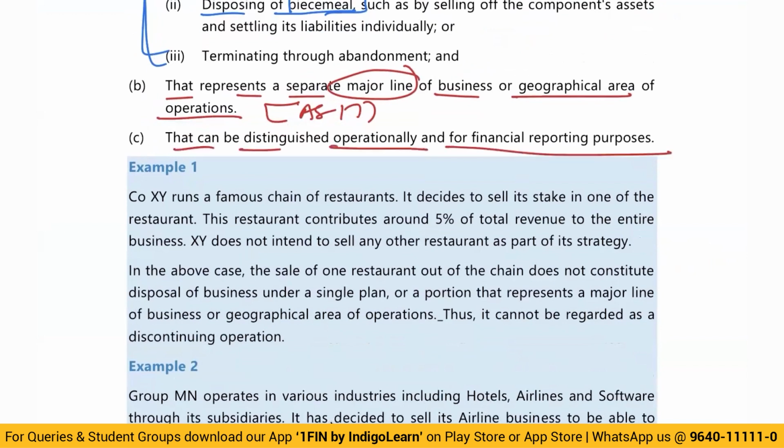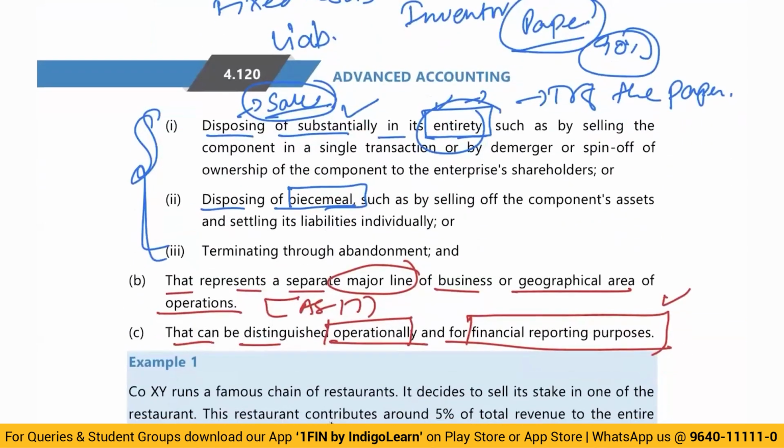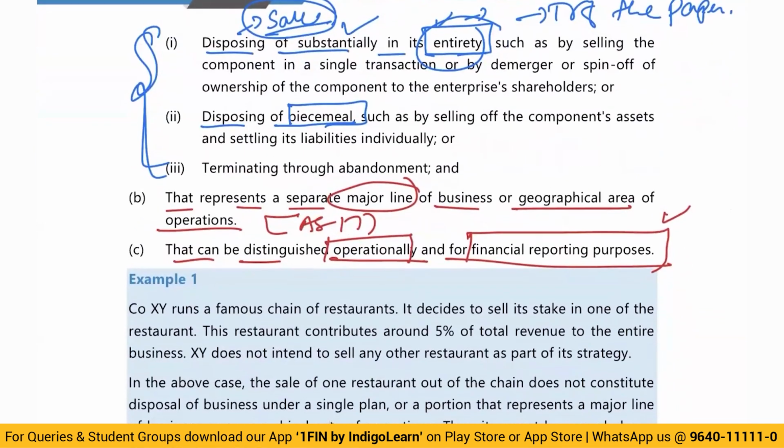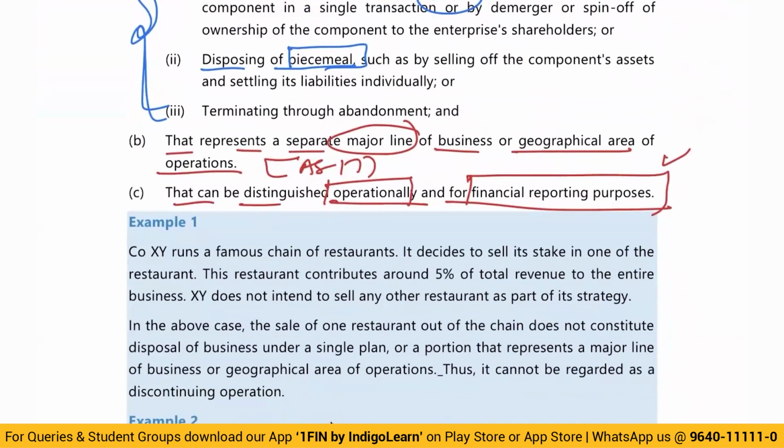So first, you should be able to distinguish it operationally. You can say, okay, this is my paper business. And also for financial reporting purposes, generally you prepare something like segment revenue and all of that. So: component, single plan, major line of business, and it has to be distinguished operationally and financially.